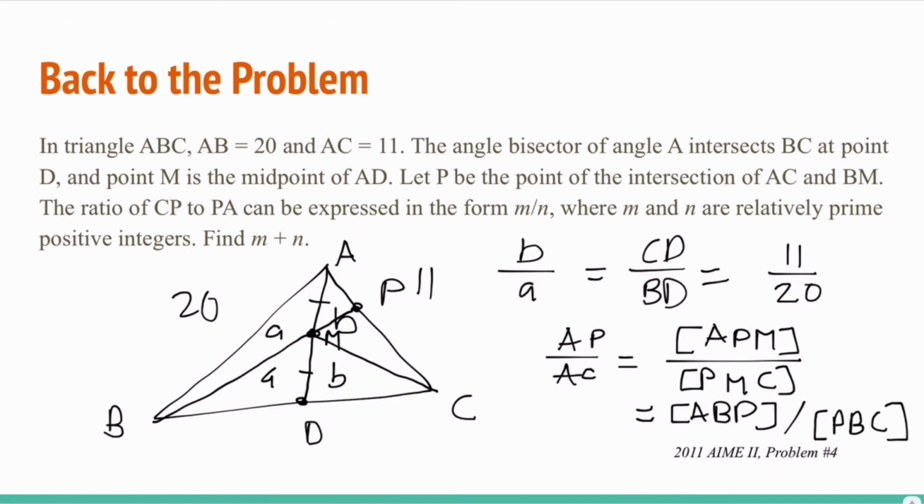And since these ratios are equal, we can subtract the numerators and the denominators. This gives that this is also equal to ABP minus APM, and I'm talking in areas, over PBC minus PMC. But this is just equal to A divided by A plus B.